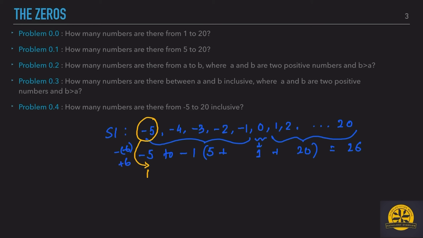And if we do this particular operation to all the numbers in sequence 1, we would get a new sequence S2 as 1, 2, 3, 4, 5, 0 becomes 6, 1 becomes 7, 2 becomes 8, and 20 becomes 26. So we have our new sequence, which is from 1 to 26, and hence we can also say there are 26 numbers.